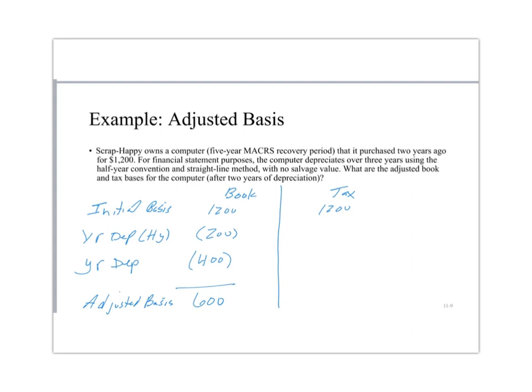Okay, so now what do we find for tax purposes? Well, we got to go to the MACRS tables, and if we go to the MACRS tables, we end up with $240 of depreciation for our first year and $384 of MACRS depreciation for the end of year 2, which leaves us with an adjusted basis that is lower for tax purposes than for book purposes.